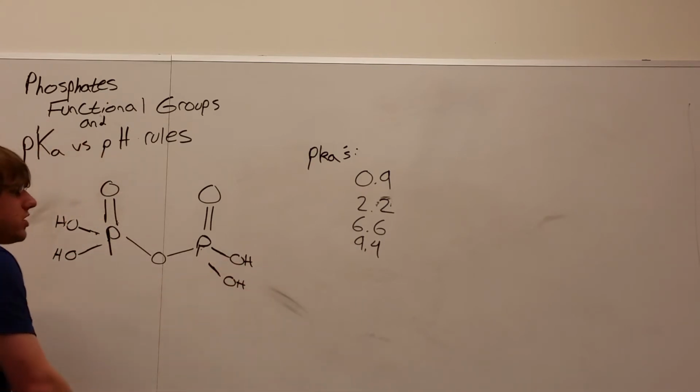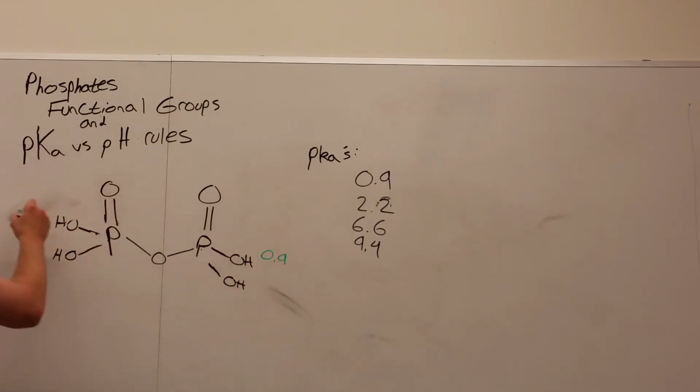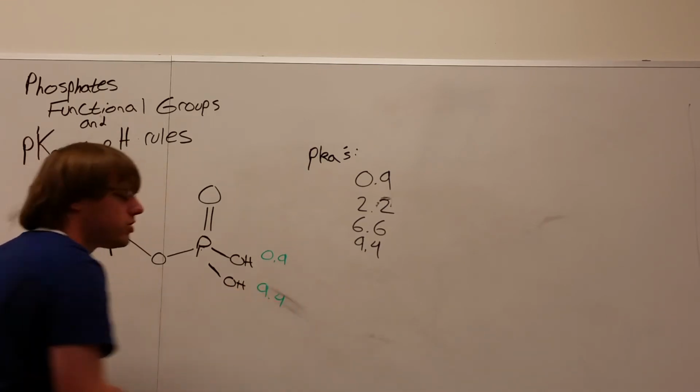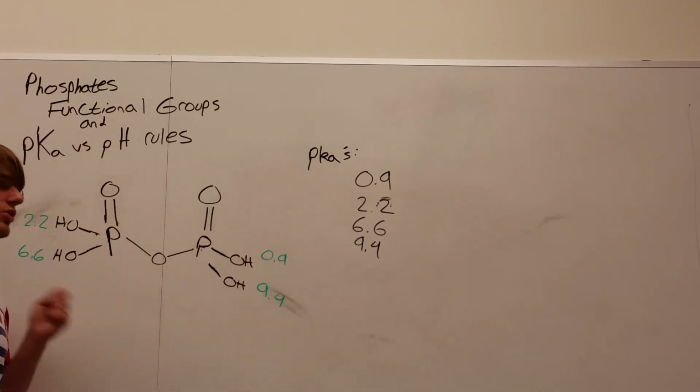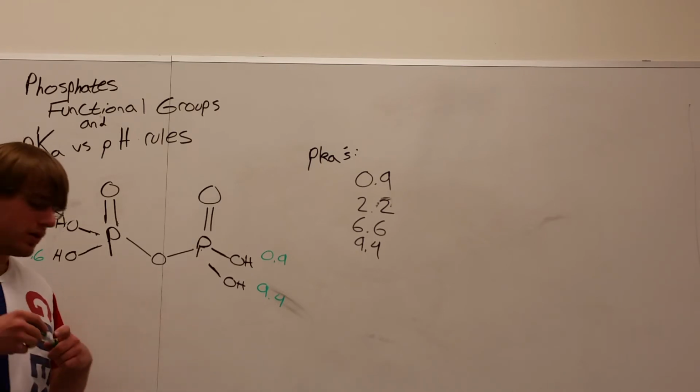So I'm going to just say, let's say that this is 0.9, this is 2.2, this is 6.6, and this is 9.4. And again, I'm doing this entirely arbitrarily. It doesn't matter which OH you associate with each pKa as long as you have one per hydrogen.